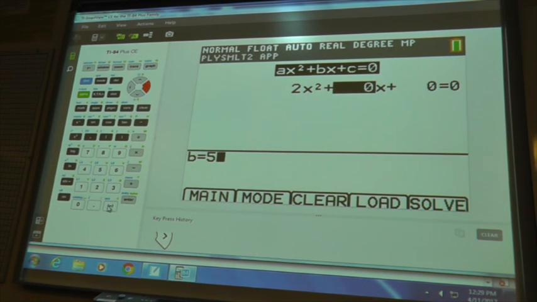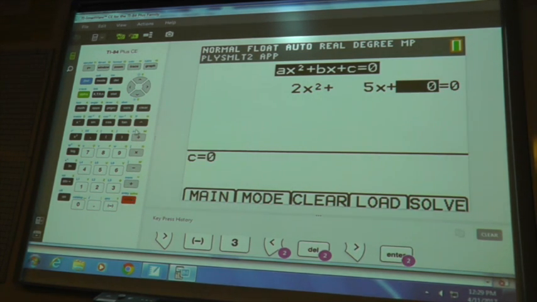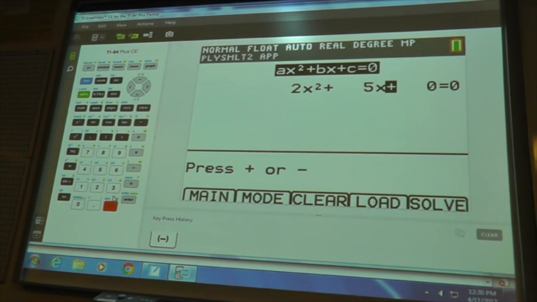So this is A2, which will be 2. A1 will be 5, and then you'll have -3 for the last one. Just like that.